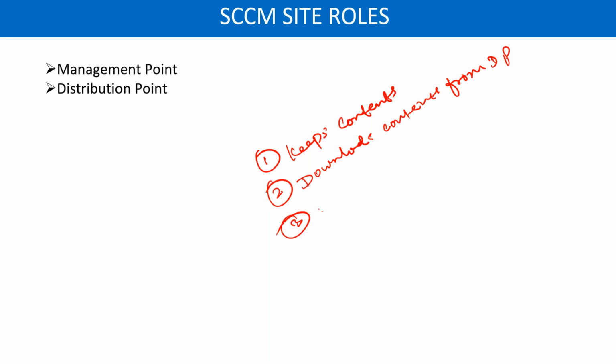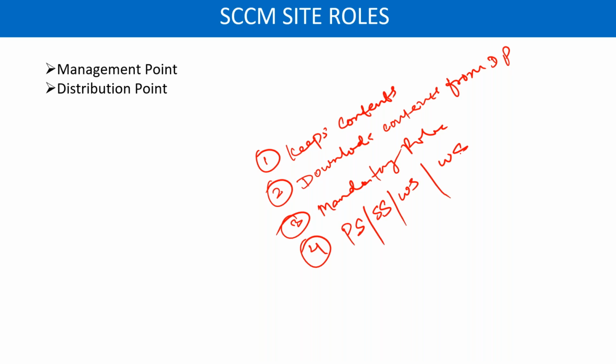Point number 3, it's a mandatory role. Point number 4, you can install this on a primary site, secondary site, or any other Windows server, or you can also install this on Windows 10 or Windows 7 computers. Clear, everyone?